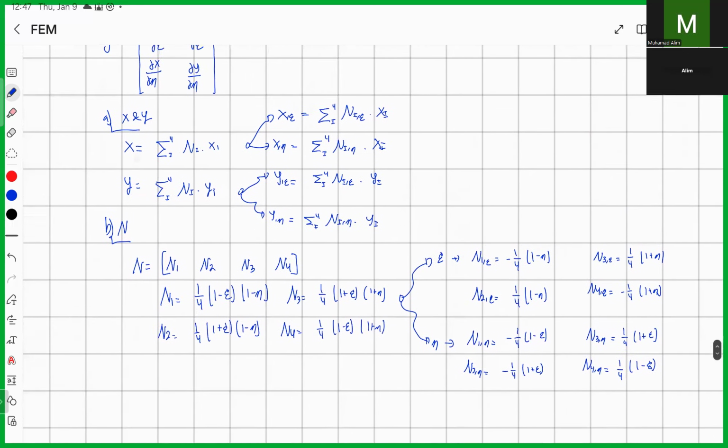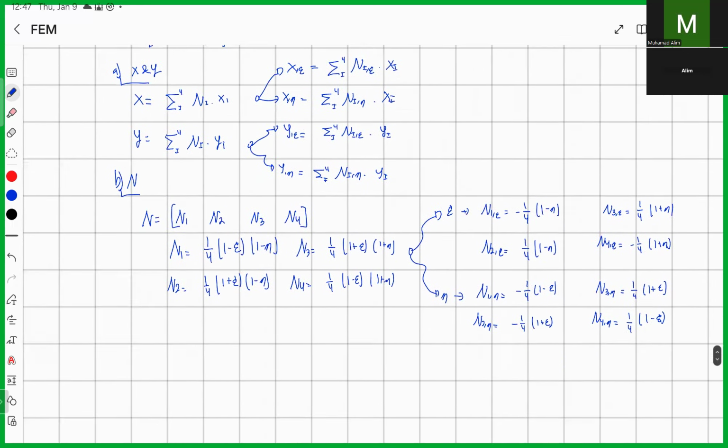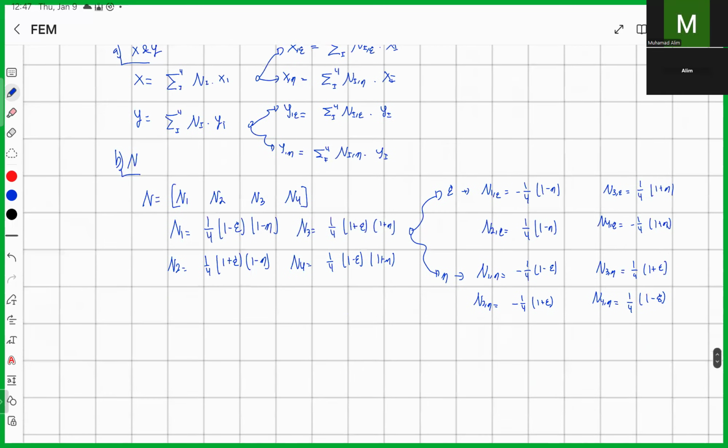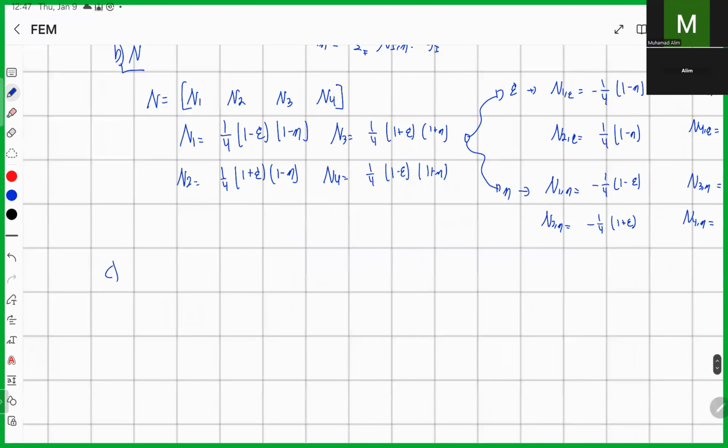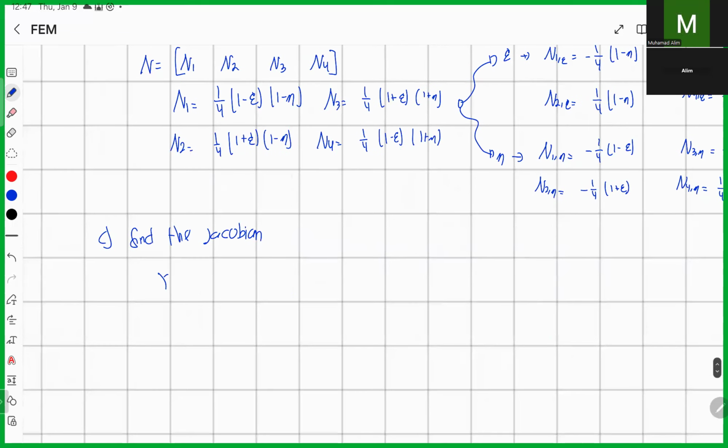Okay, and then let's find the Jacobian. So here we're gonna have this x xi. For example, this one would be, you have to get this, okay?